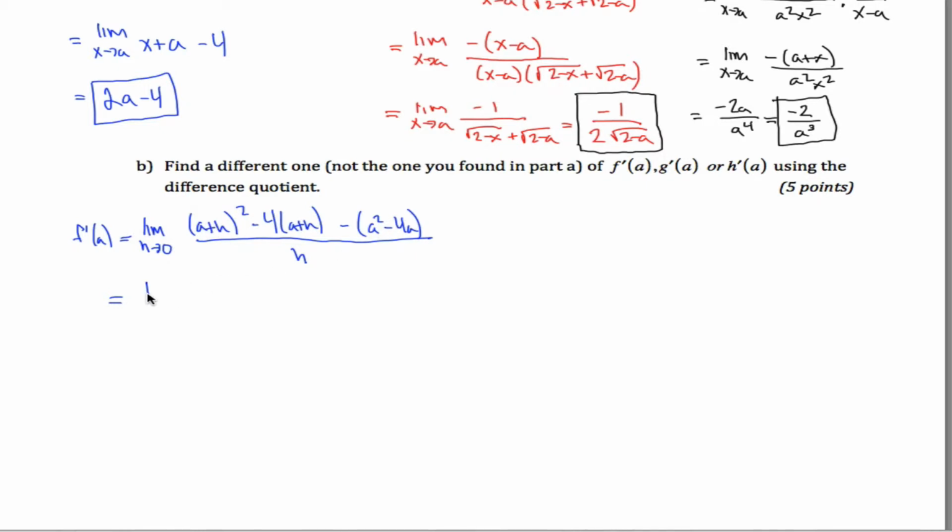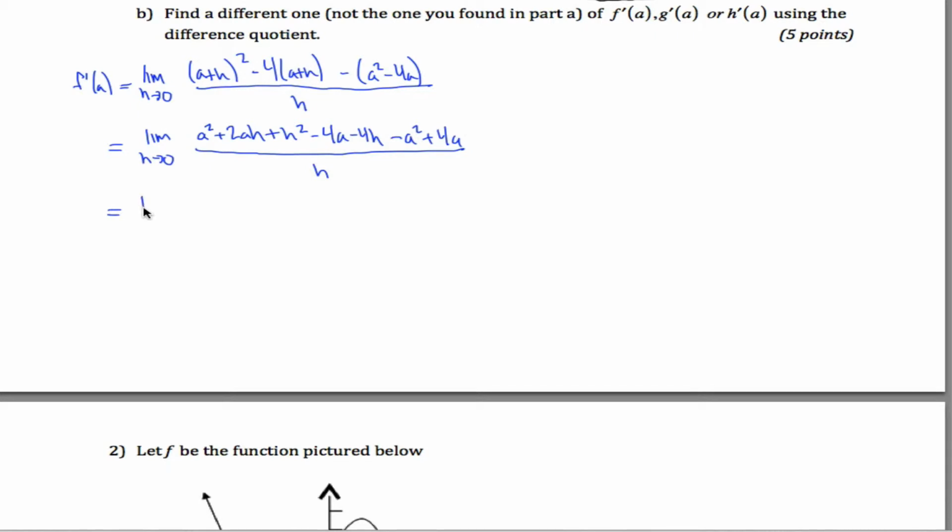A plus h squared is a squared plus 2ah plus h squared. And then if I take the negative 4 and distribute it through, I get negative 4a minus 4h. And then if I take this negative and distribute it through, I get negative a squared plus 4a. And that whole thing is divided by h. If you combine like terms, a squared and negative a squared cancel out, negative 4a and positive 4a cancel out.